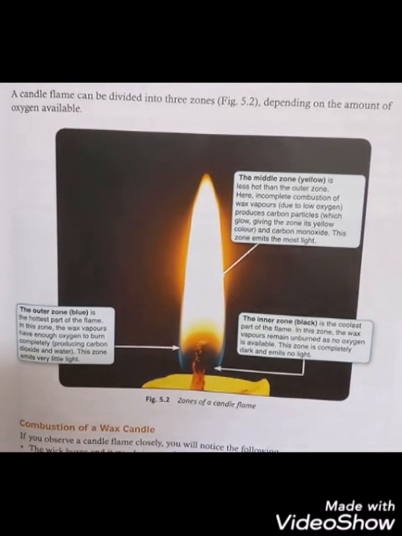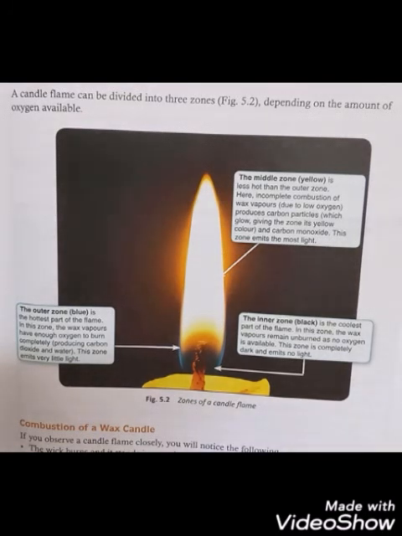So this zone is completely dark and emits no light, because no oxygen is there, so no burning is possible. So we have three zones: the outer zone is blue, the middle zone is yellow, and the inner zone is black because there is no oxygen available.